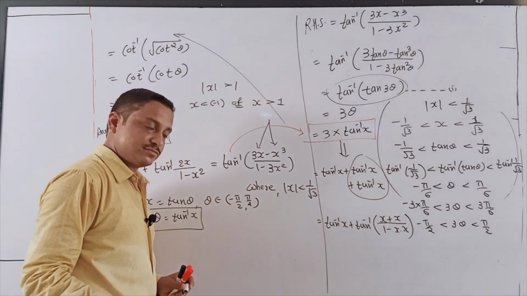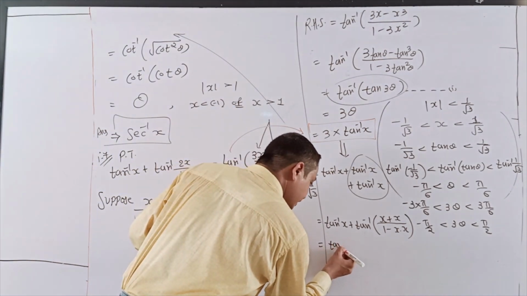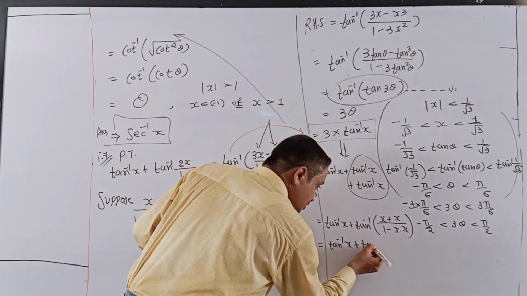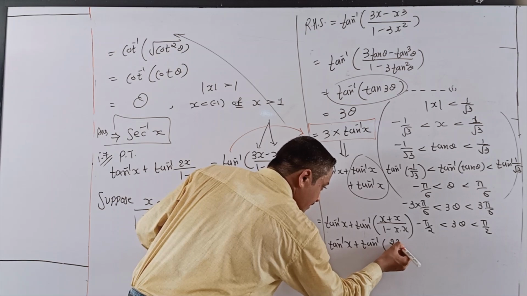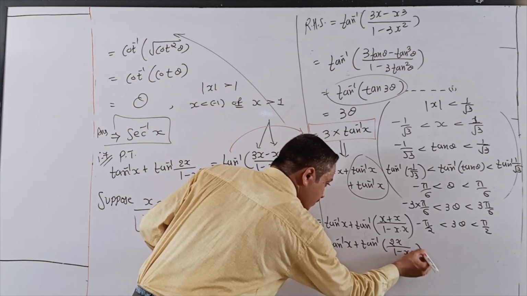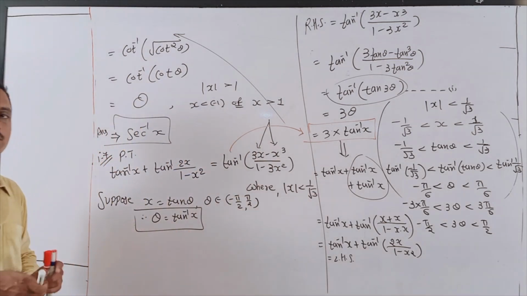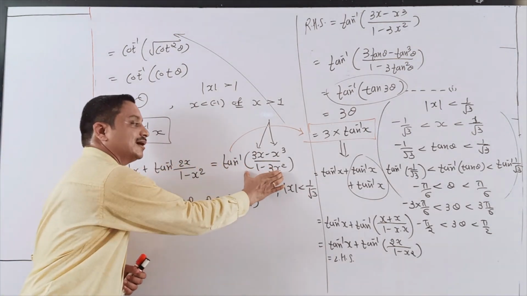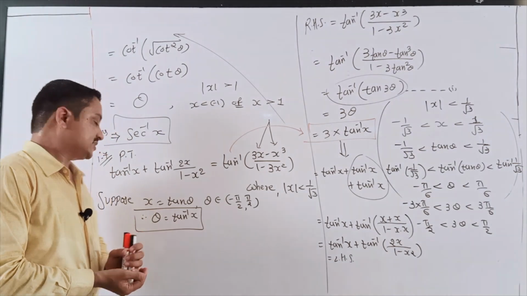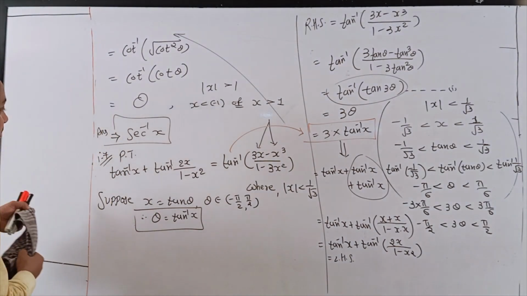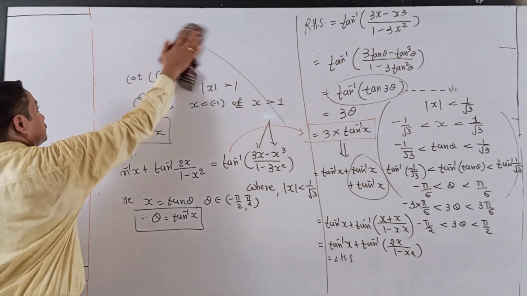This is a theorem. So tan inverse x plus tan inverse 2x by 1 minus x square, and that's my LHS. Students, it's very easy if you remember this formula. Yes, continue. Example 7 is done.